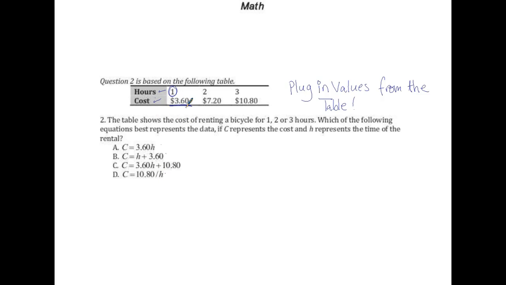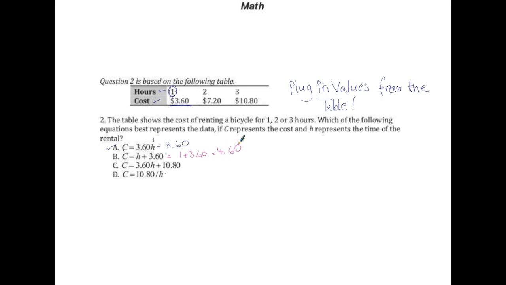Okay, so when H was 1, I'm doing 3.60 times 1, which is 3.60. So A does satisfy the table values. Let's plug in B. C is equal to H plus 3.60. So, if H was 1, this is equal to 1 plus 3.60, which is equal to 4.60.